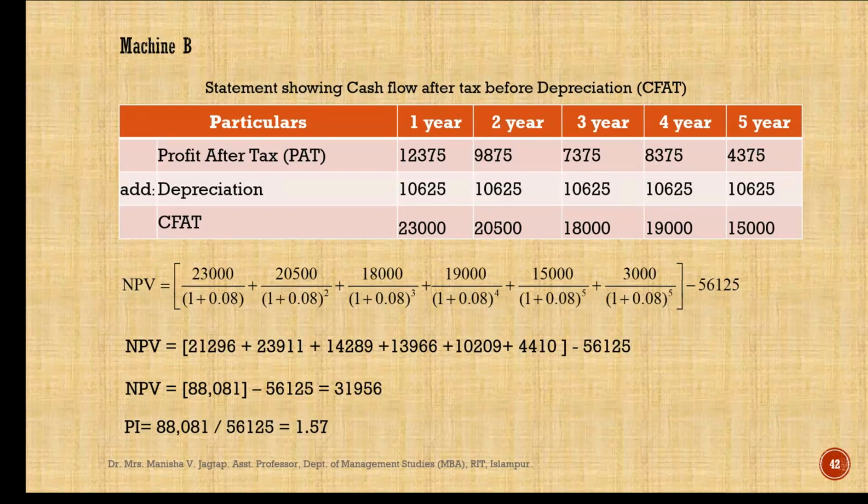Both are within acceptable criteria, but the NPV of machine B is more than machine A. At the same time, the profitability index of machine B is more than machine A. Therefore, we can suggest the company purchase or invest in machine B when compared with machine A.